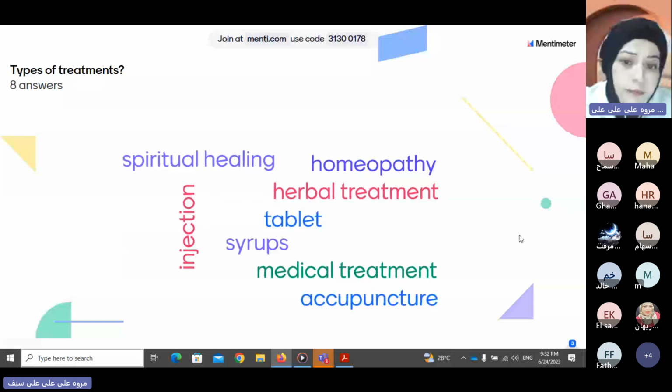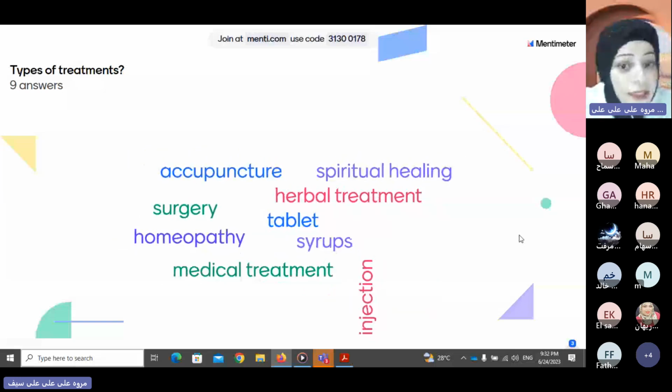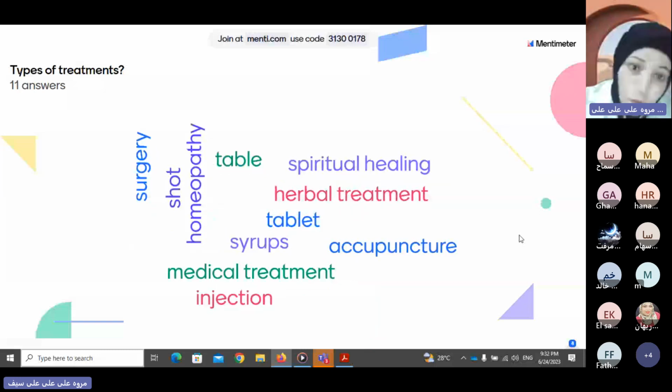Injection, okay. All right. Any other suggestions? Whatever comes to your mind, type it in the box. Surgery, excellent. This is one thing, excellent. Shot, okay. I'm waiting for your contributions, of course.